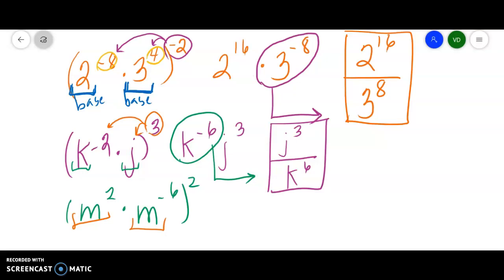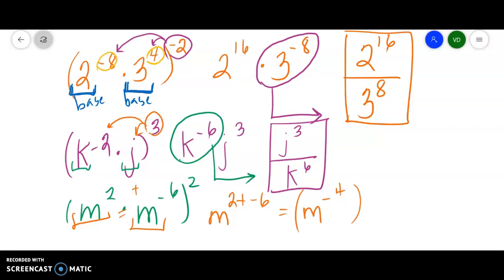So inside parentheses, I would have M to the 2 plus -6, because remember, we add our exponents when we multiply. So then that simplifies to be M to the -4th power.